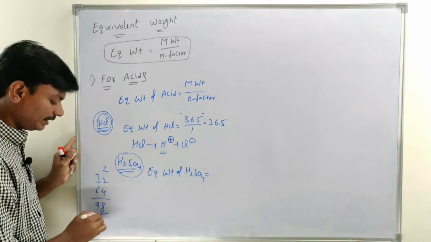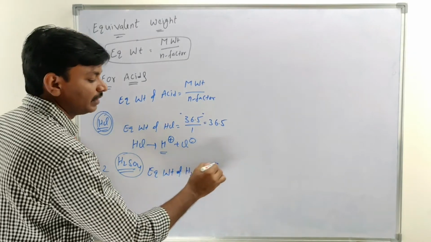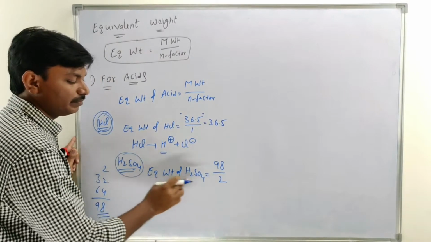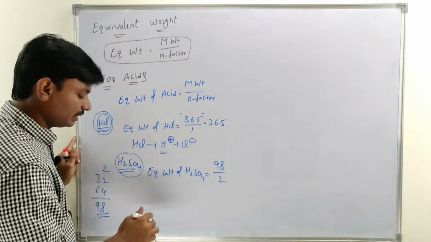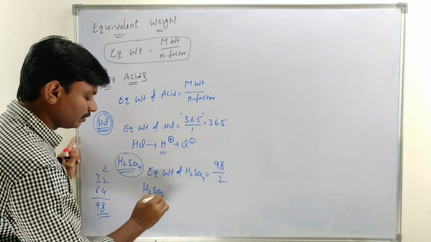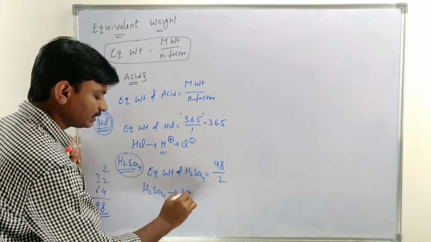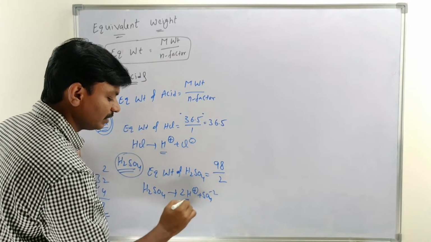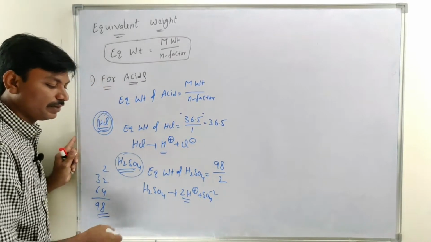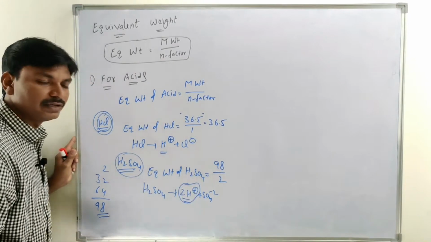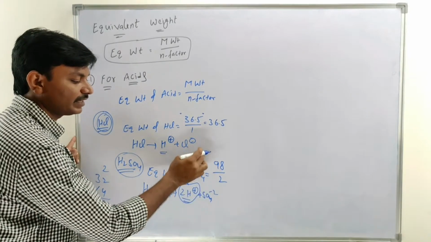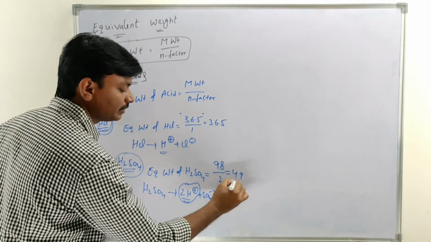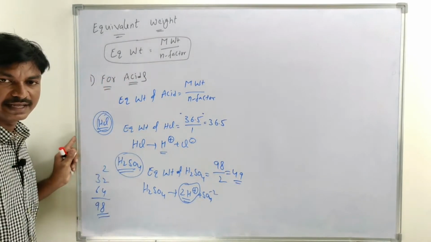That is 98, the molecular weight of H2SO4, divided by 2. H2SO4 basicity is equal to 2. That is, H2SO4 produces 2 H plus ions and SO4 minus 2 ions. Since it produces 2 H plus ions, its n factor value equals 2. Finally, the equivalent weight of H2SO4 equals 49.